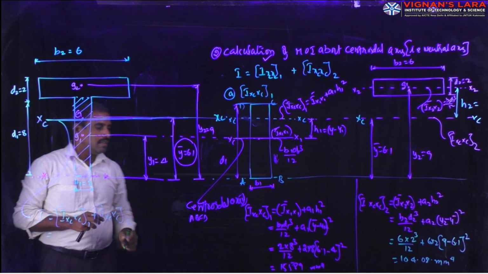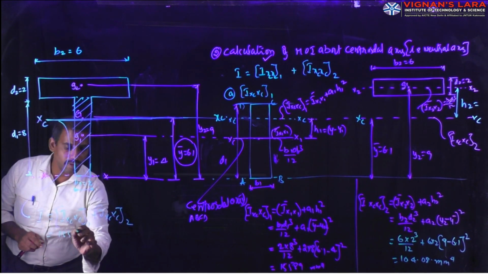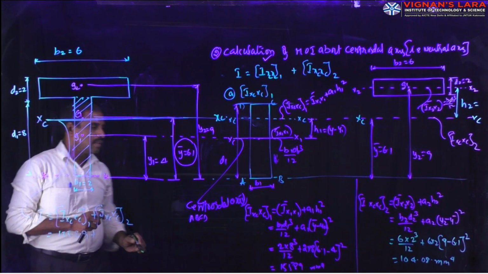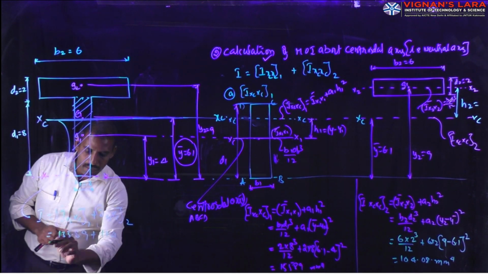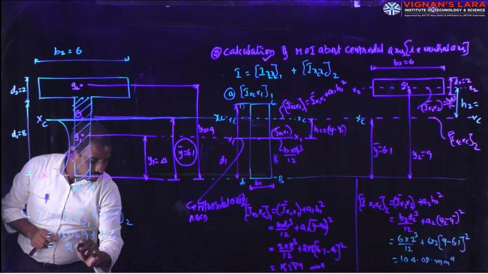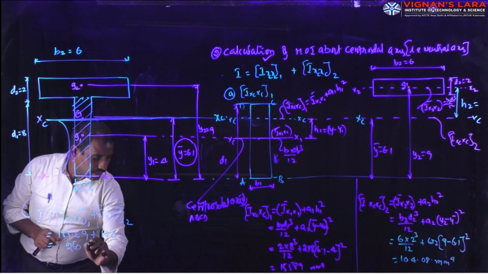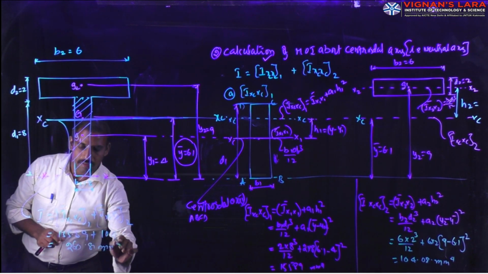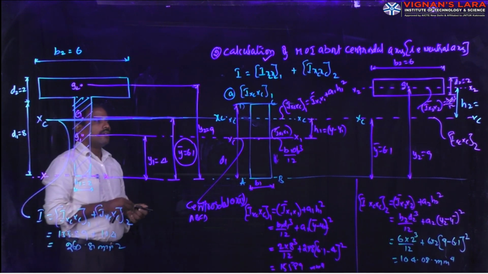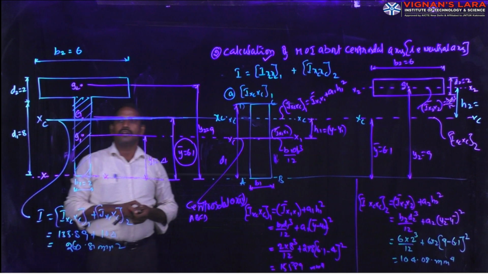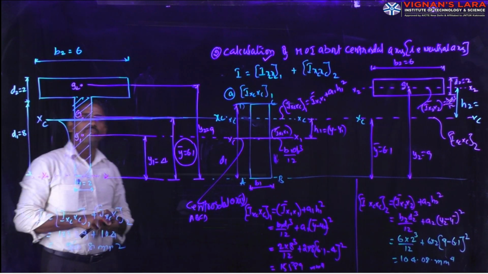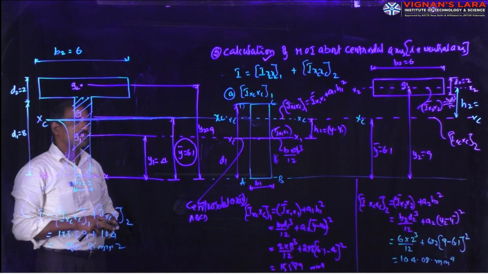Its value is 155.89 plus 104. So finally, approximately it is equal to 260.81 mm^4. So what we did, first we identified the centroid, that is the first part.